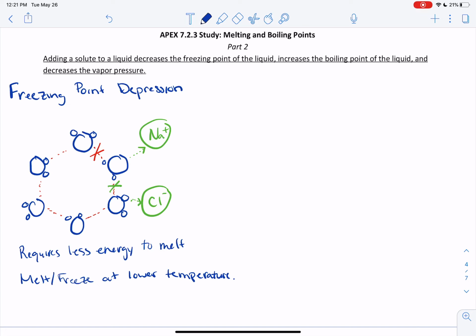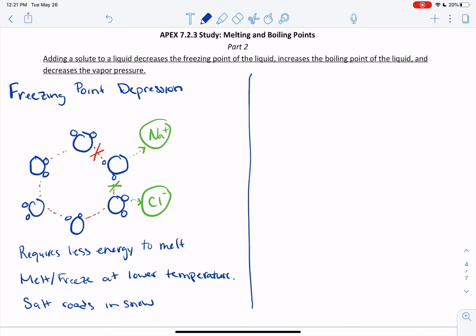This is why when it's snowing, they salt the roads, because that makes the freezing point of water lower. So it's going to make it so that the ice melts without increasing the temperature, because it needs to be even colder for it to freeze. So that's why they salt some roads.